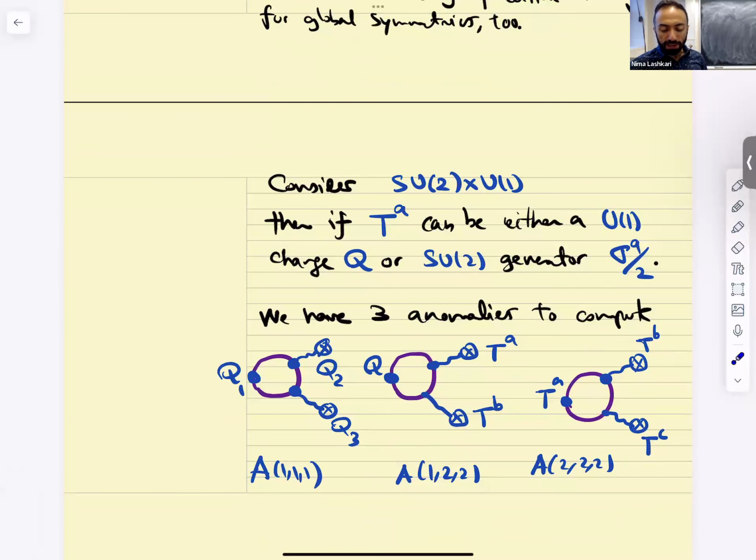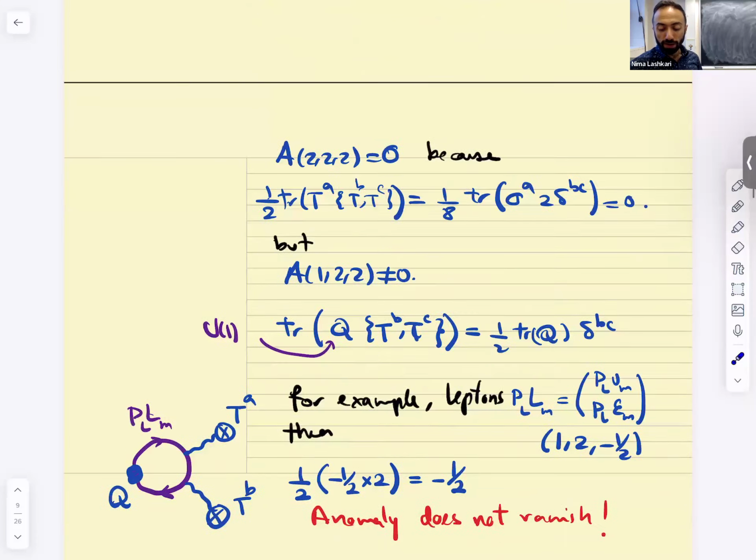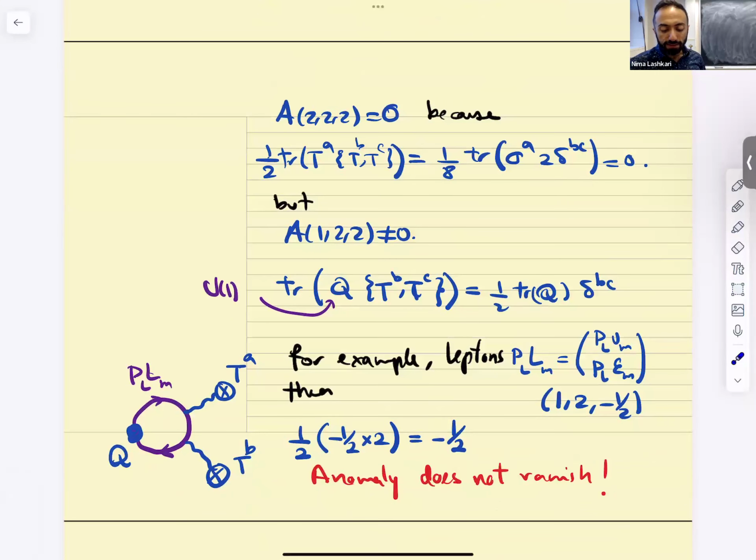This was more complicated to calculate. This was also more complicated to calculate. Good? Questions? Importantly, A122 in SU2 times U1 is not 0. There's an anomaly.